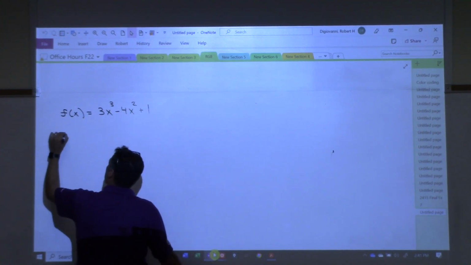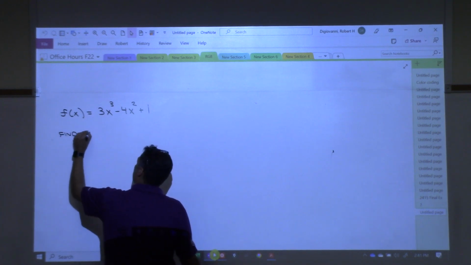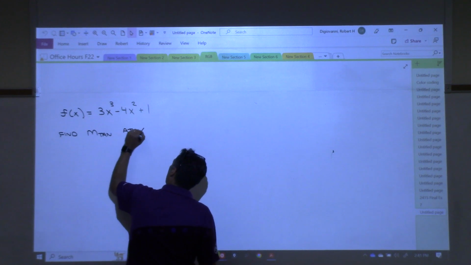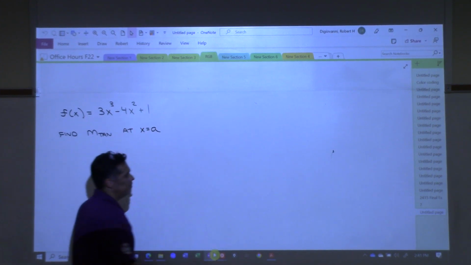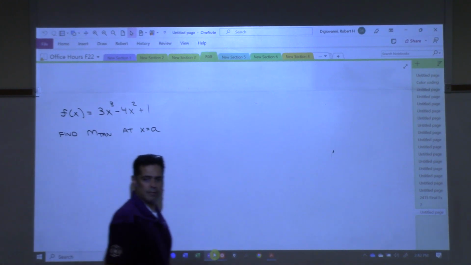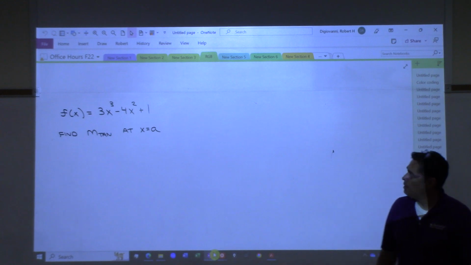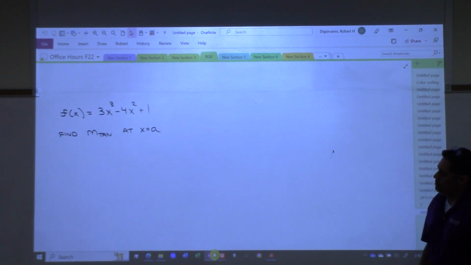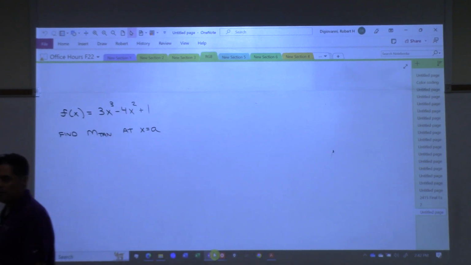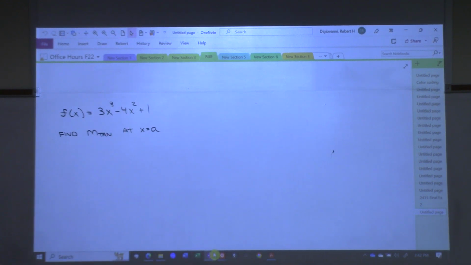I want to find the slope of the tangent line at x equals a. So this is the way it would appear on the test, something like this. That's not a quadratic function, right? It's cubic, right?